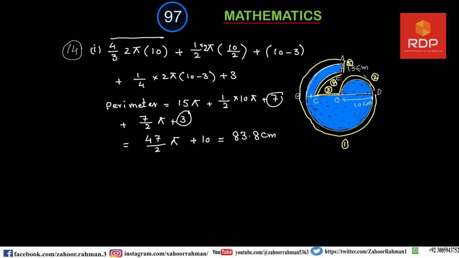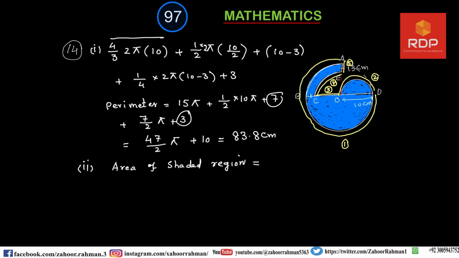In the second part of this question, they are saying to find the area. First we found the perimeter, now we are finding the area. So let's talk about the area of the shaded region, and we have to divide the shaded region into different parts.